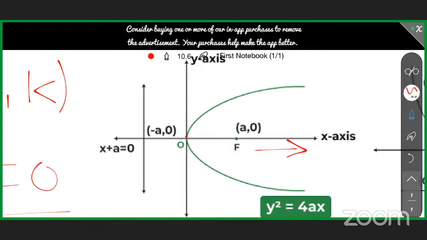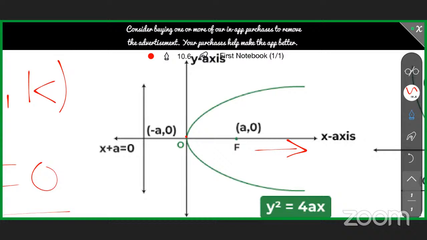See here, the parabola is drawn such that it is oriented towards the positive direction of the x-axis, and the symmetry is with respect to the x-axis.